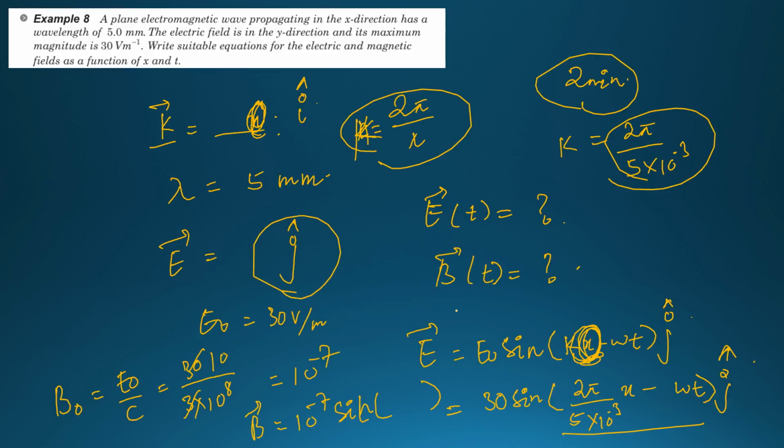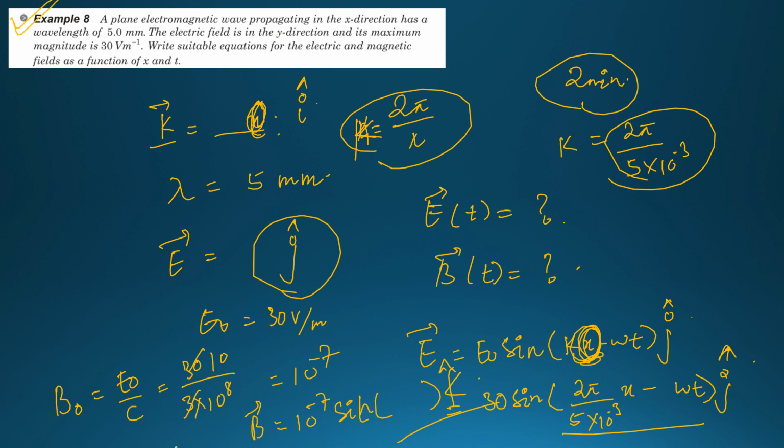I can write it also as S vector, pointing vector. So S vector we know is equal to E vector cross B vector. J cross something will give me I. So what is this something? Of course, this is K cap. So the direction of magnetic field is K cap. Got it? Is it clear?